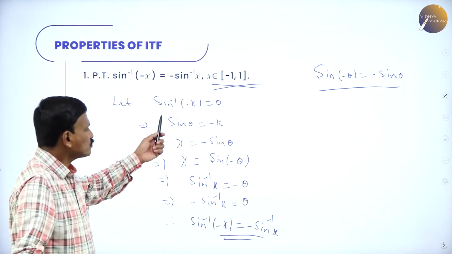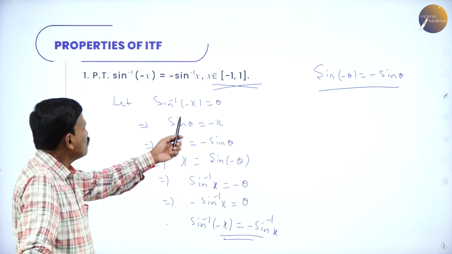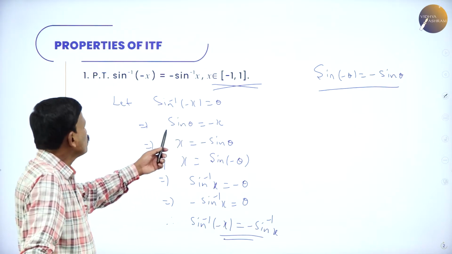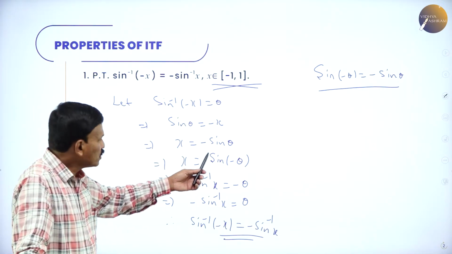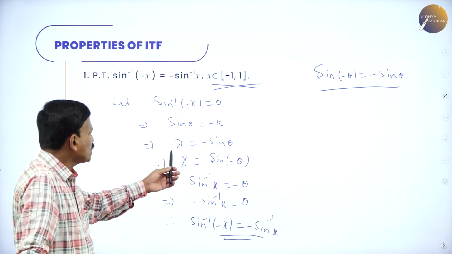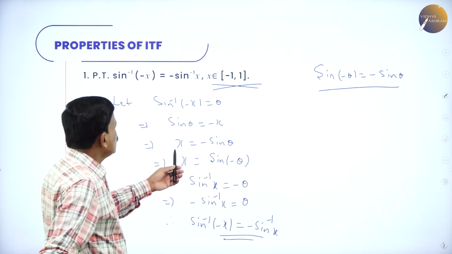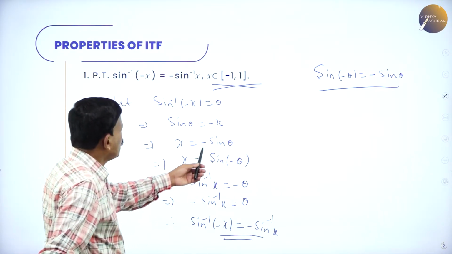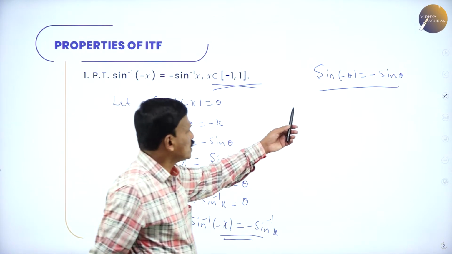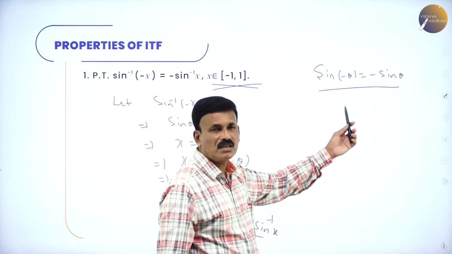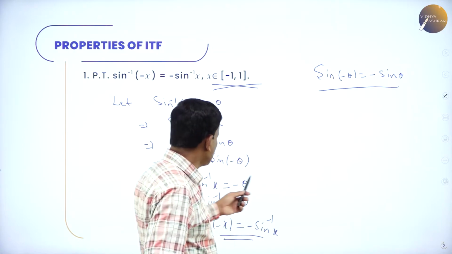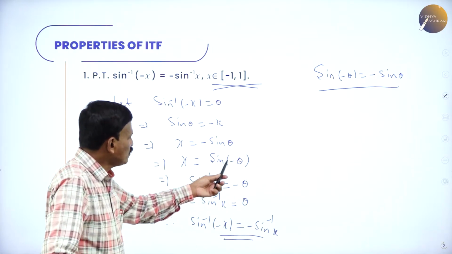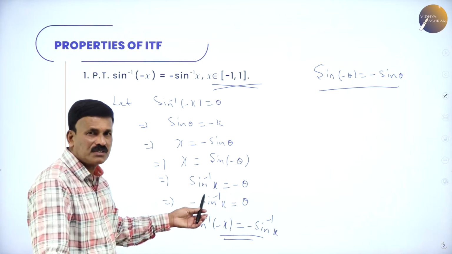Listen to me. Let sine inverse of minus x be equal to theta, which implies sine theta is equal to minus x. Multiplied by negative sign, what you will get? x is equal to minus sine theta. Minus sine theta can also be written as sine of minus theta, because sine of minus theta is minus sine theta. Now take the inverse for this function.